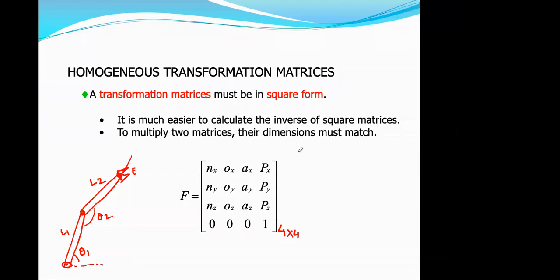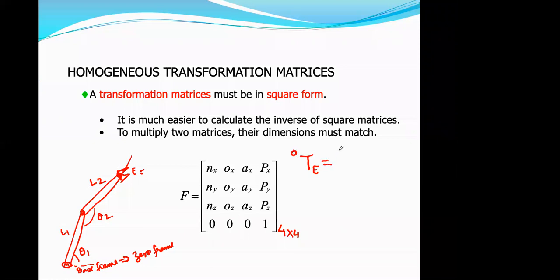So we have to find, this is the 0th frame. ये 0th frame है, the base frame is called the 0 frame, और E frame में बनाना है. So we can find the transformation matrix of E with respect to the 0 frame.